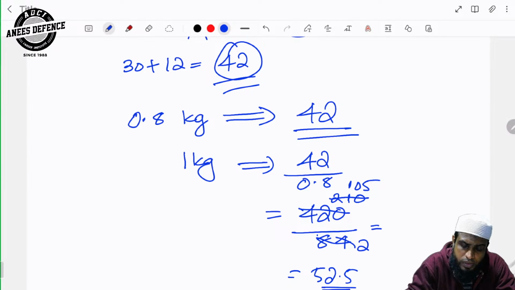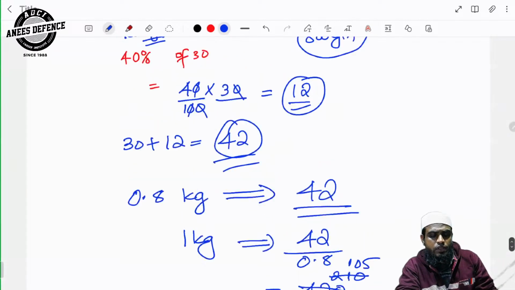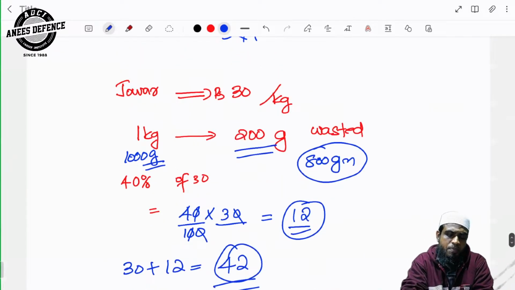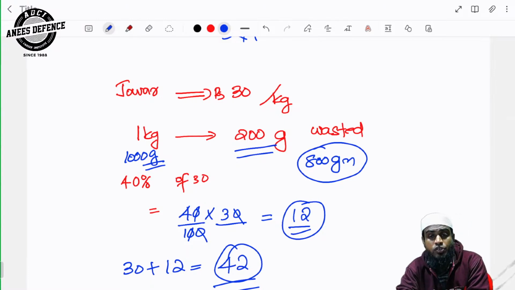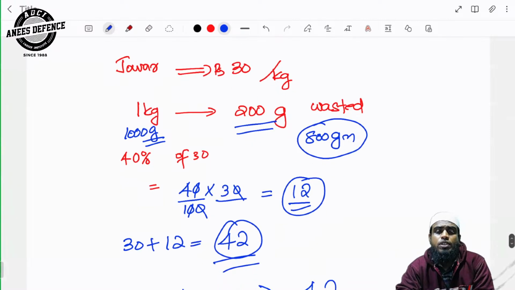The question is like this: 1000 gram of jowar costs 30 rupees. In 1000 gram, 20% will get wasted, so 200 gram is the wastage. So the remaining 800 gram he should sell and get 40% extra. So 40% of 30 is 12.